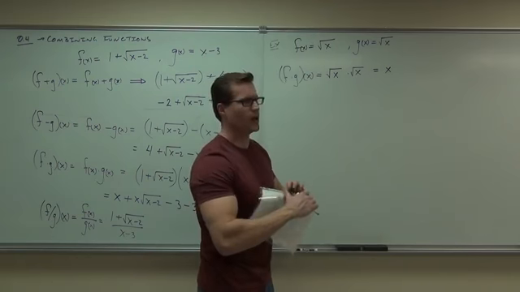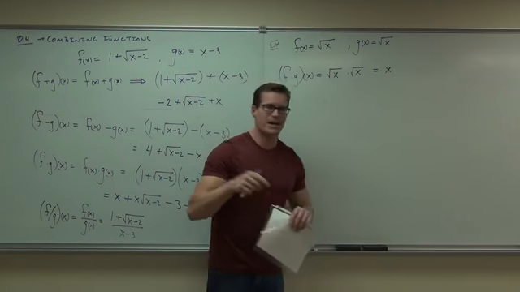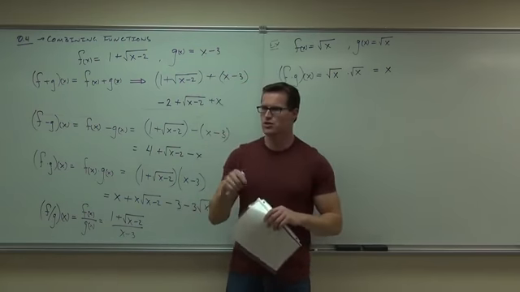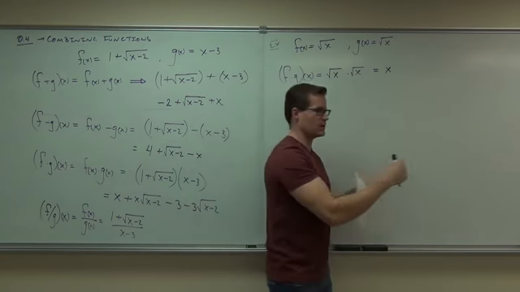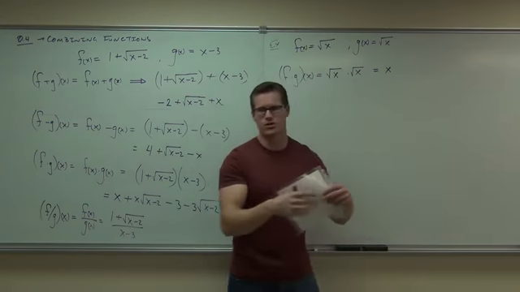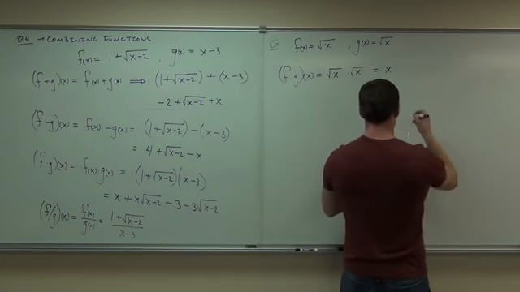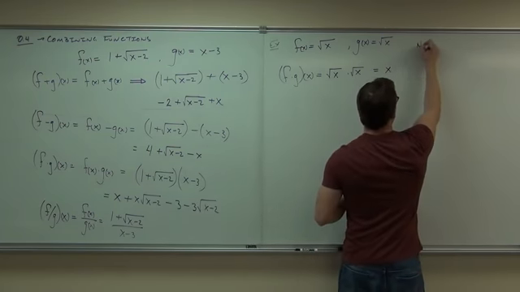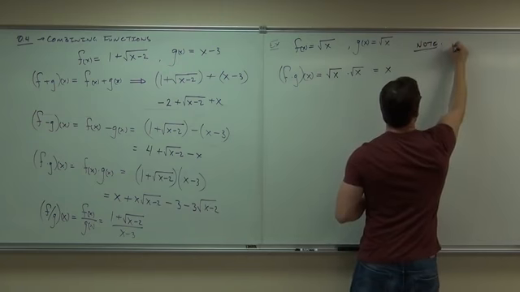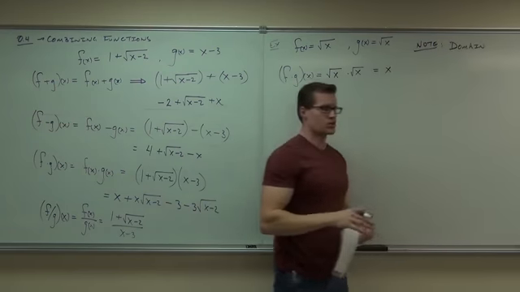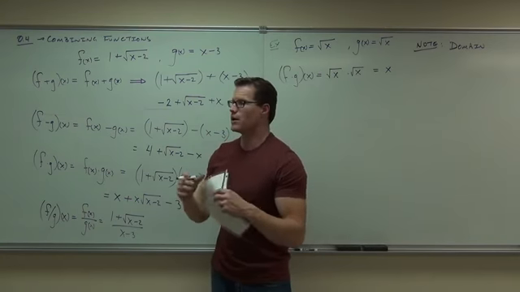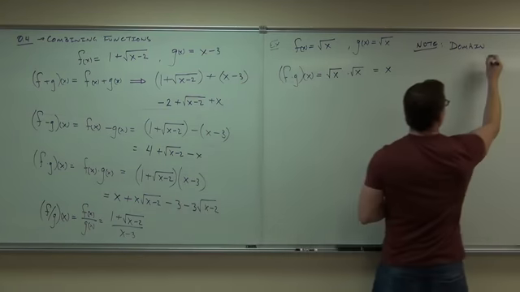Make this note. When you're looking for a domain, the domain is actually the intersection. Intersection is what numbers are common to both functions of the addition, subtraction, multiplication, or the division of those functions. So the domain is the intersection of the domains of the original functions.